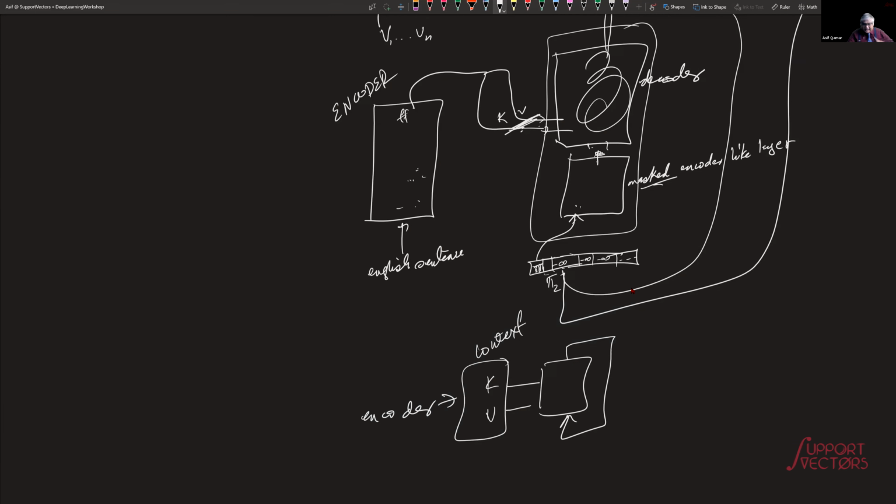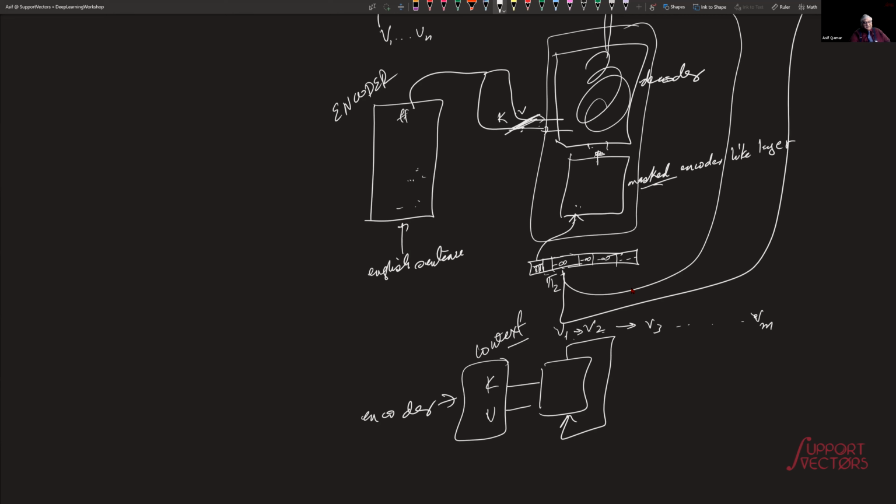So you produce pi1, you use pi1 and the context vector to produce pi2, then you use pi1 and pi2 to produce pi3, and so forth. Ultimately you will have produced some M number of words, which will usually be different from N, the number of words in the original language.